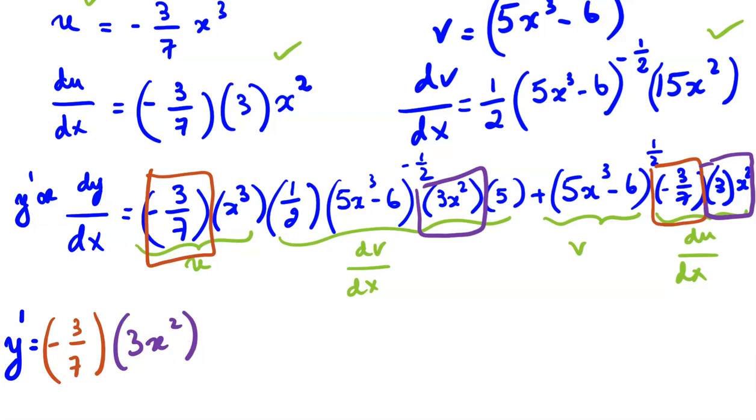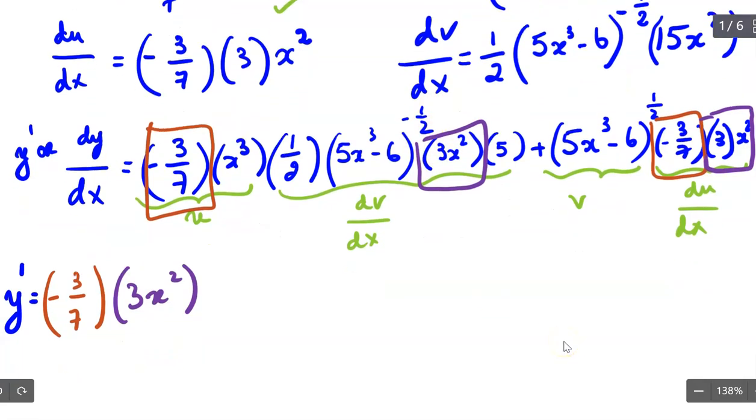Anyway, the 3x squared is already out of the bracket, right? So for x cubed, you don't have any more over here to make it common. A half stays, and the 5 has to stay. Now this expression, 5x cubed minus 6 and 5x cubed minus 6, how do you factor this?